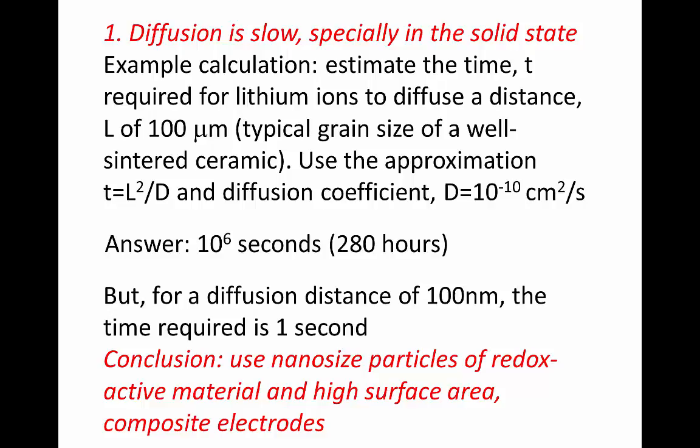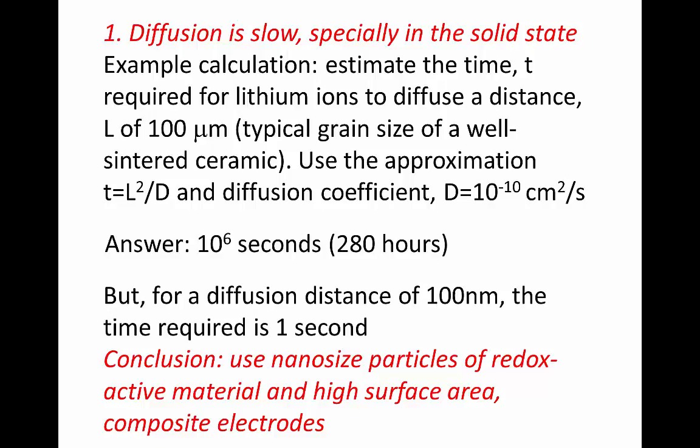And since the redox reactions occur at the surface, we want a surface area that's as high as possible with nano-sized particles. So this is just the opposite of having nice, dense, sintered ceramics with low porosity.